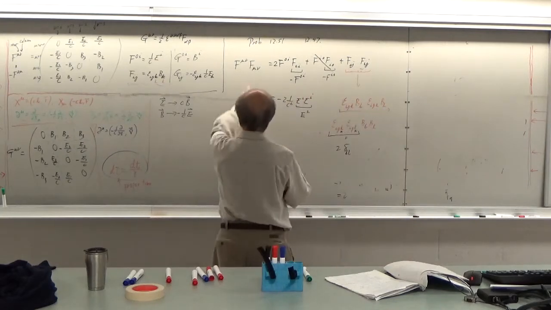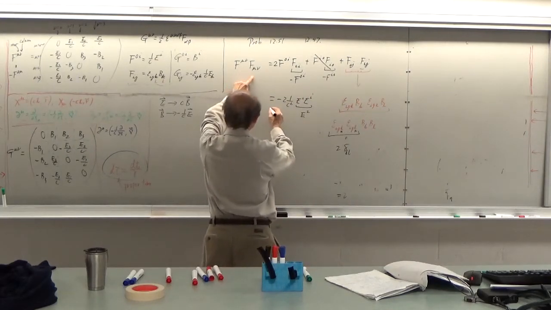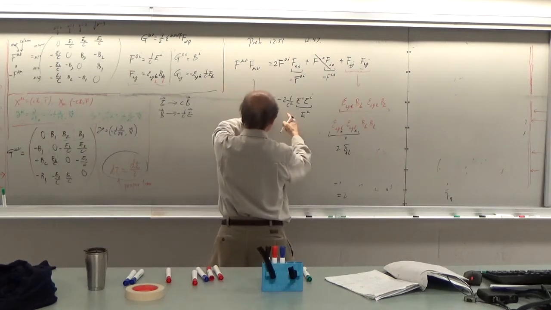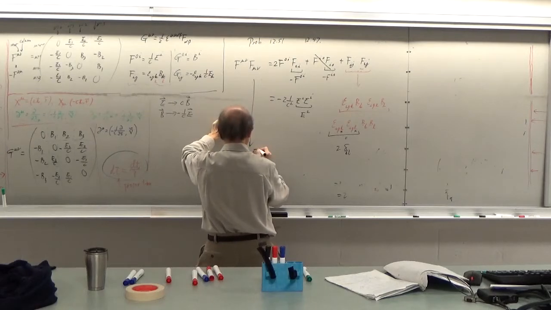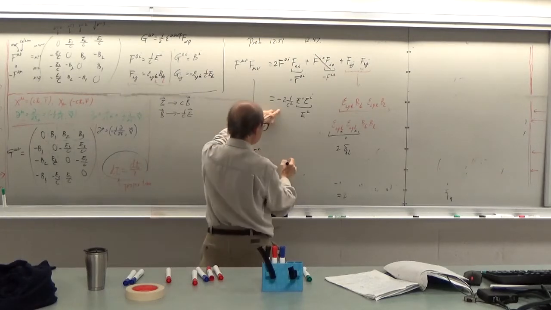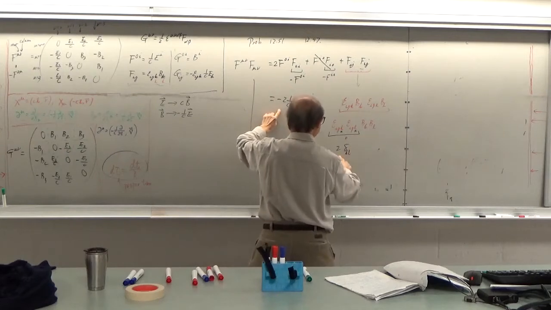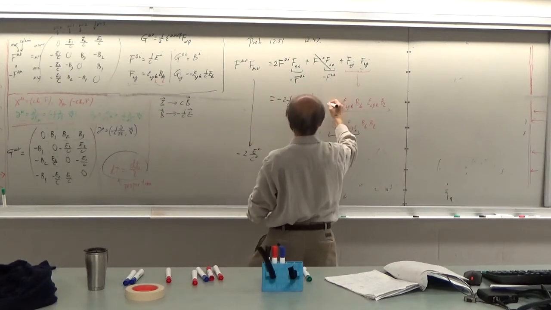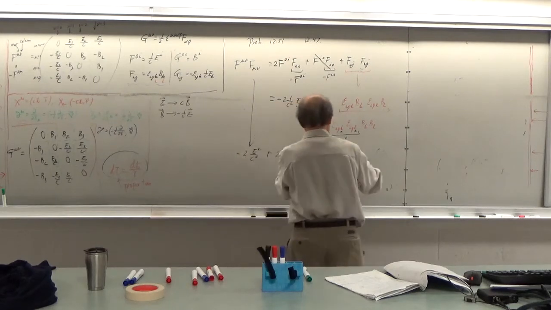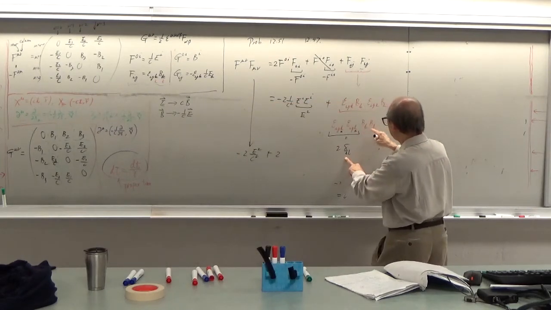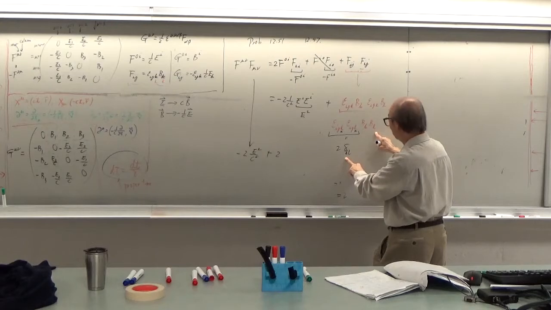Thus, F is equal to, I have here already, minus 2 E squared over c squared. And then here we have a plus sign, plus 2 delta kl B_k B_l, of course summed over k and l.